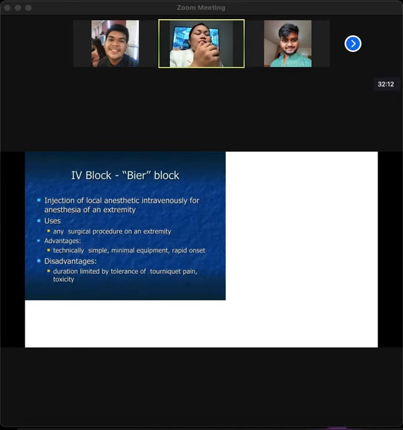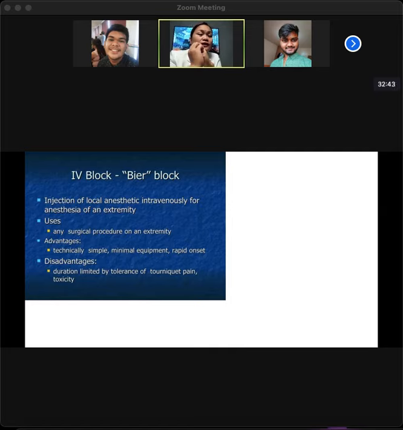The next use of your local anesthetic is IV block or Bier block. We just inject the local anesthetic intravenously for anesthesia of an extremity. It can be used for surgical procedures on an extremity, especially for ortho patients. The advantages: it is simple, minimal equipment is needed, and it has a rapid onset.